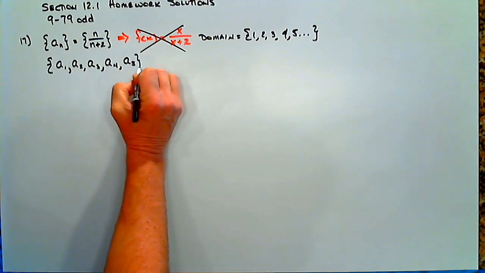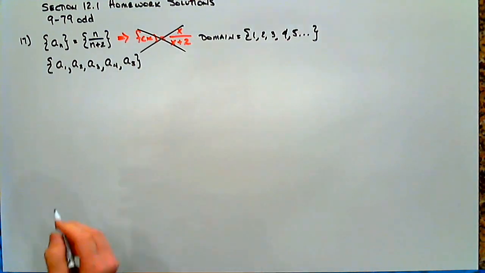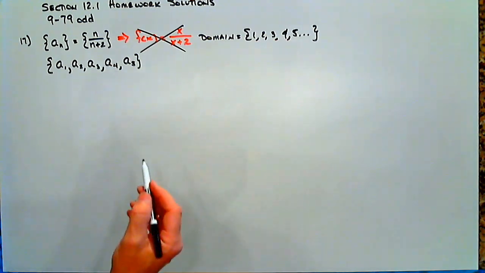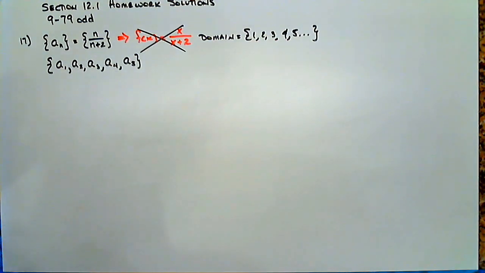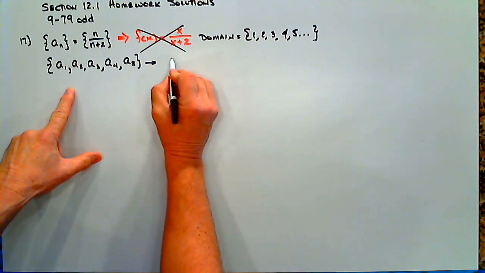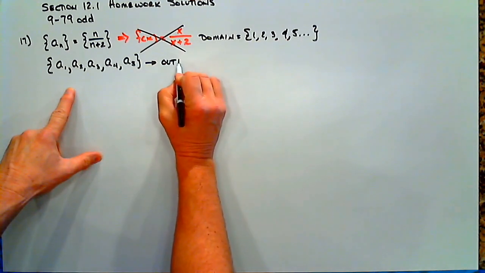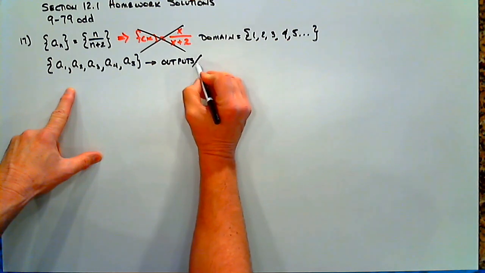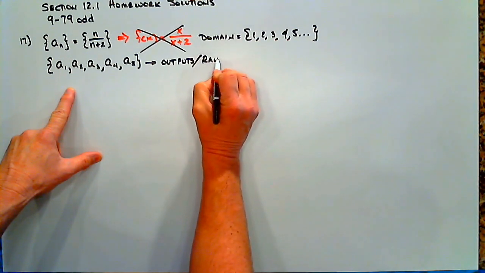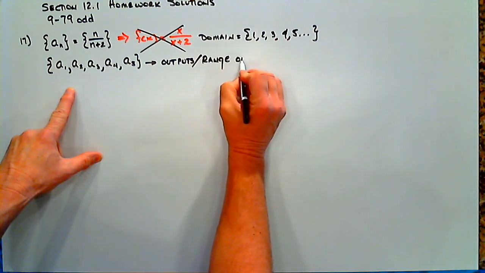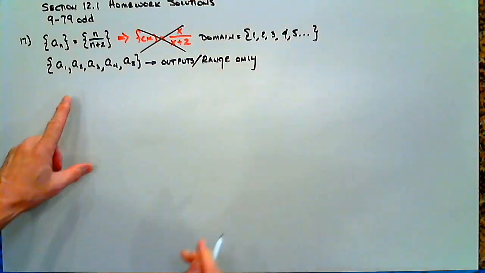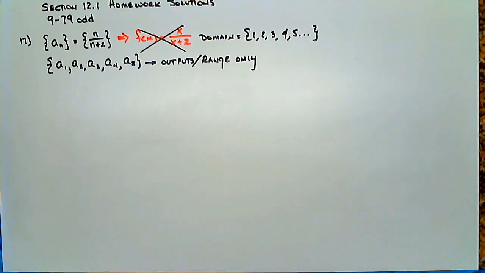The first 5 terms. Now remember, we don't write the inputs. Again, back in the lecture video I talked about this: we don't write the inputs. This is outputs only. Outputs, range only. That's why it looks a little different to us. It's not different, it just looks a little different.